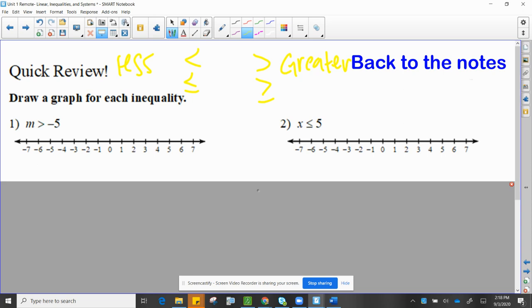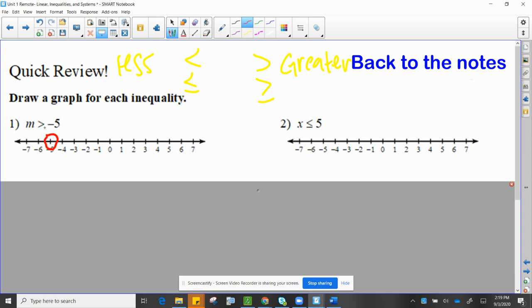Right? So if we have a strictly greater than or strictly less than, does anyone remember what kind of circle we would put on the number line? Well, it may have been a while, but we always put an open circle if it's a strictly greater than or strictly less than. And then based on the inequality symbol, we either shade to the left of that circle or to the right of that circle.